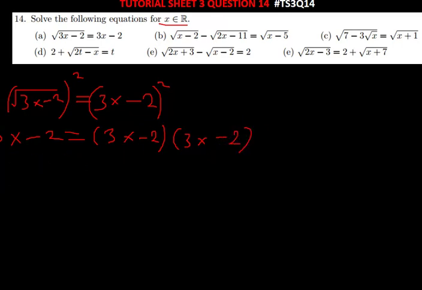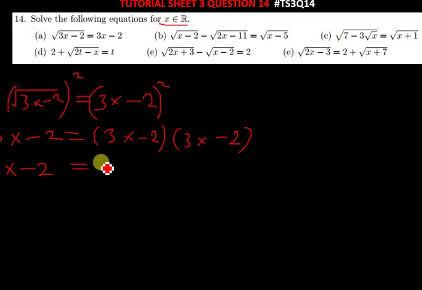So you write 3x minus 2. Here in mathematics, the rules are just the same everywhere and every time. If you want, you can cancel 3x on that side and find the value of the solution. But if you want, you can turn it into a quadratic equation. You still find the same answers. Let's try to turn it into an equation and see what it's going to give us.